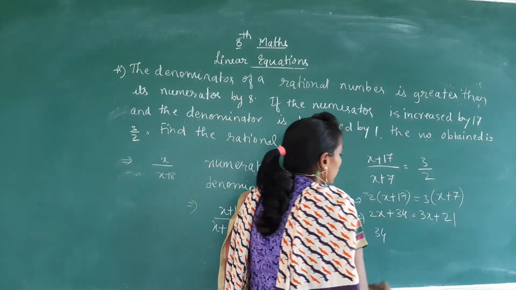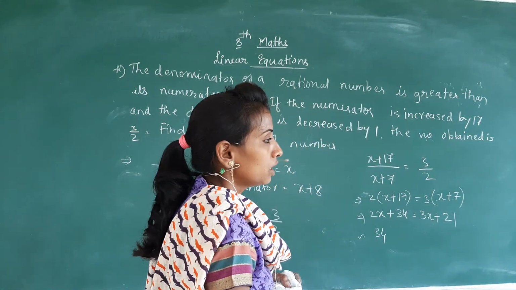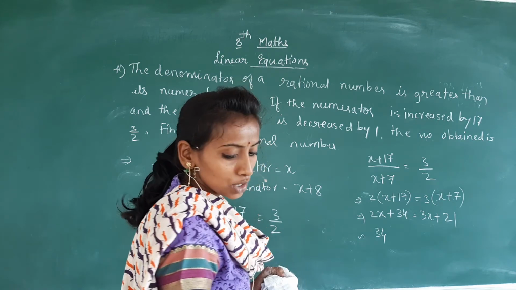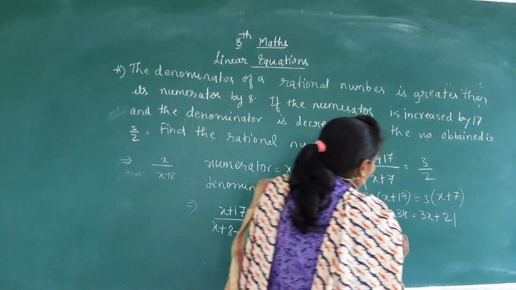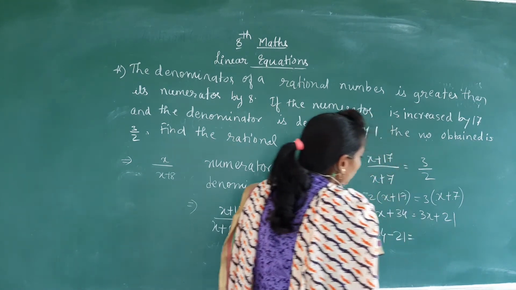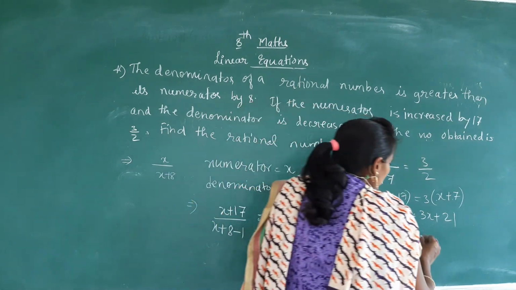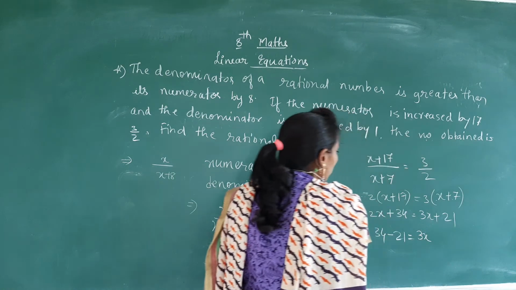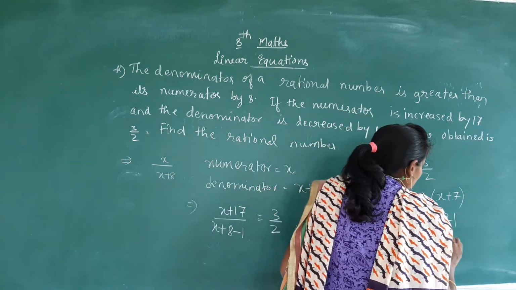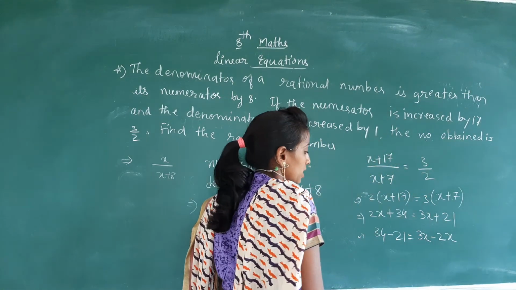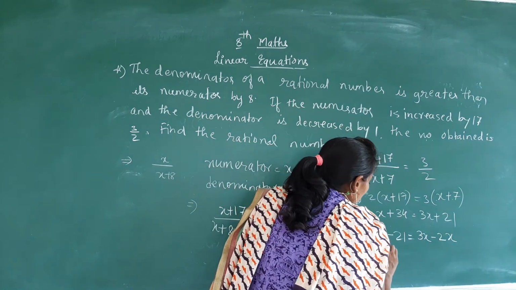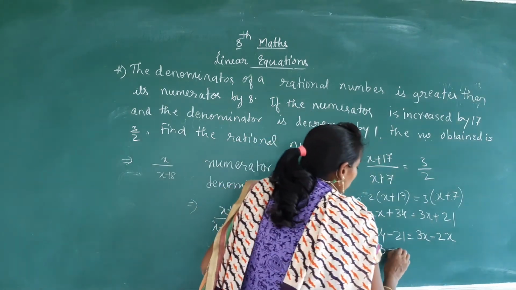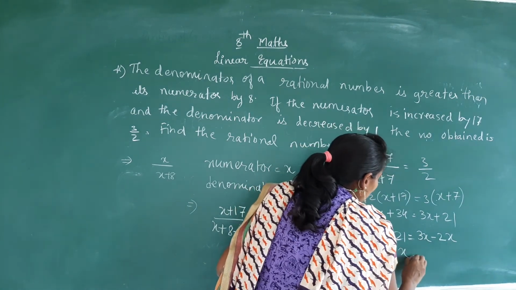Keep 34 here on the LHS only. On the RHS, plus 21 is there. Taking it to this side it becomes minus 21. On the RHS, 3x is there, keep as it is. Take 2x to the LHS side. 34 minus 21 is 13. 3x minus 2x is x.